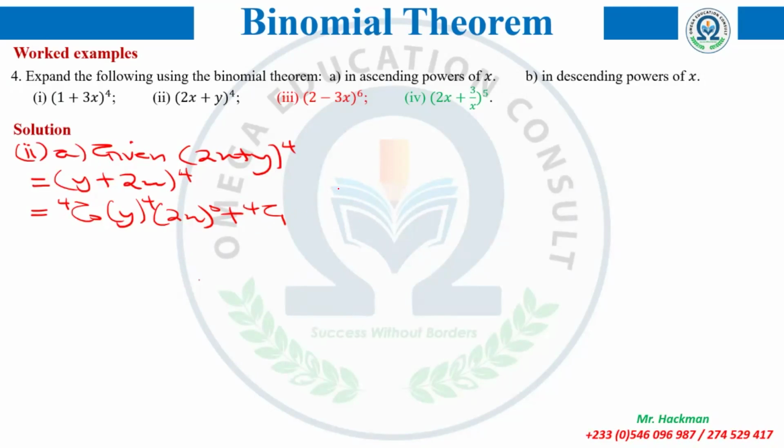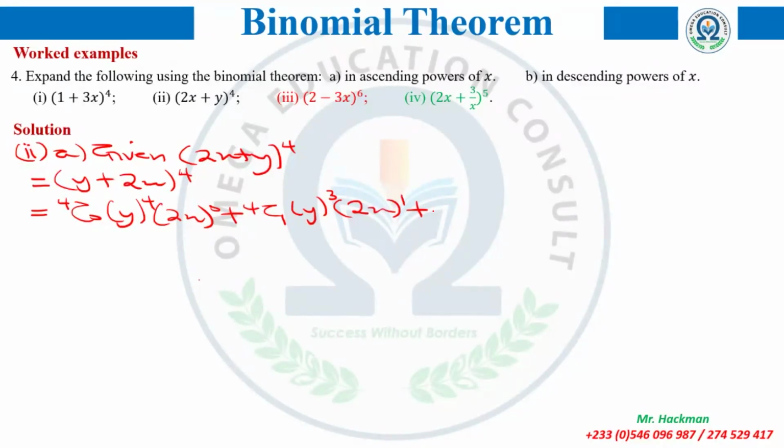Let's go. Y in brackets, y cubed, y in brackets raised to the power 3, 2x in brackets raised to the power 1.